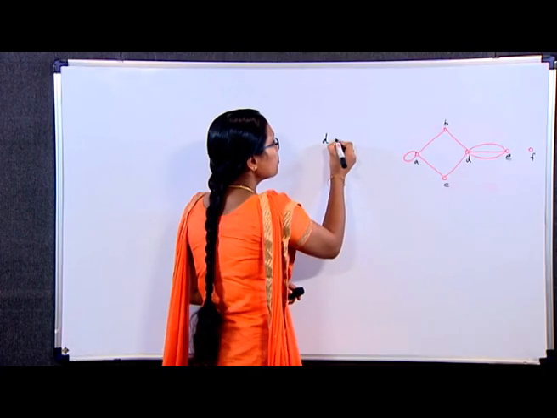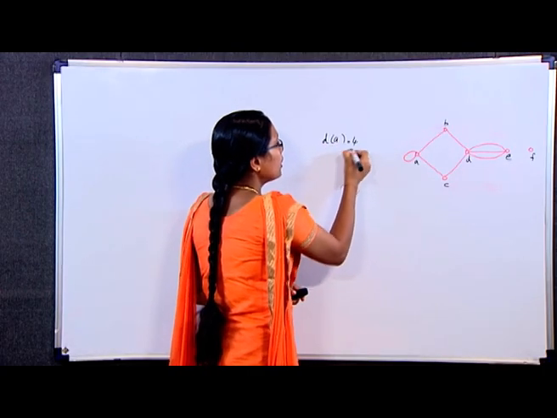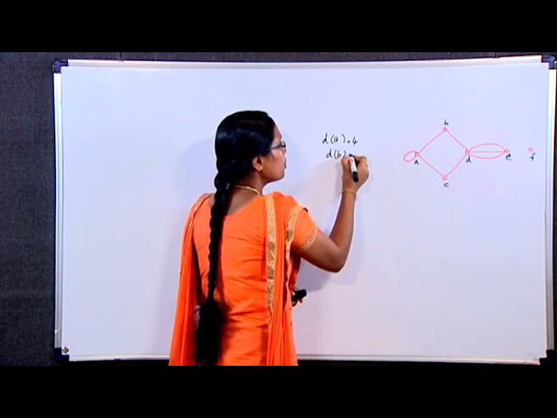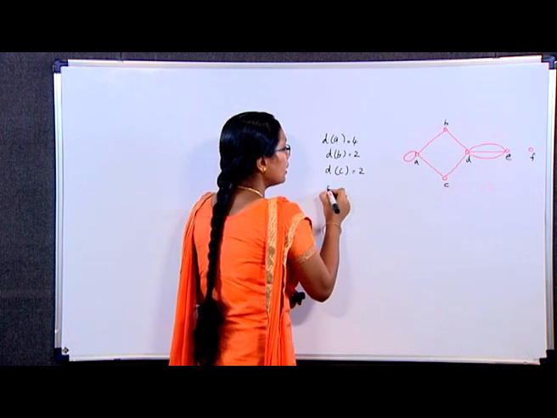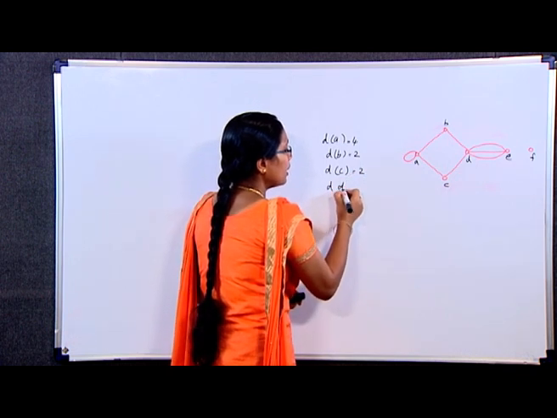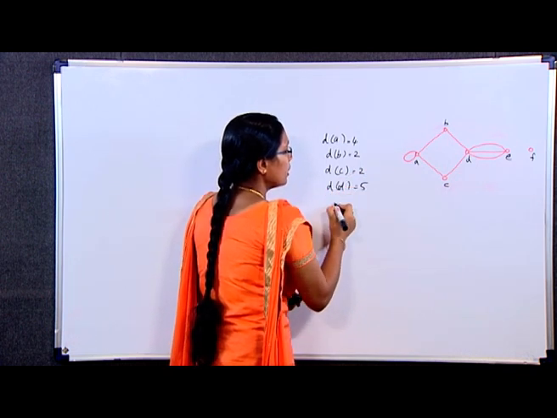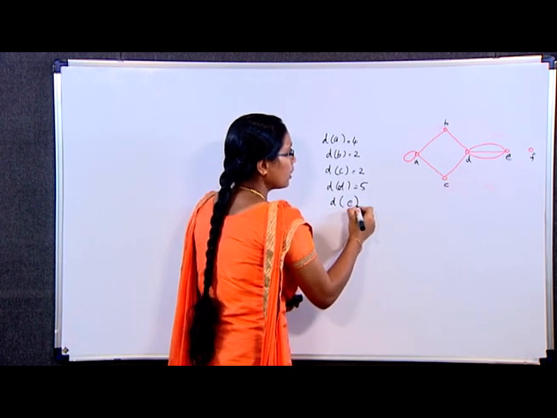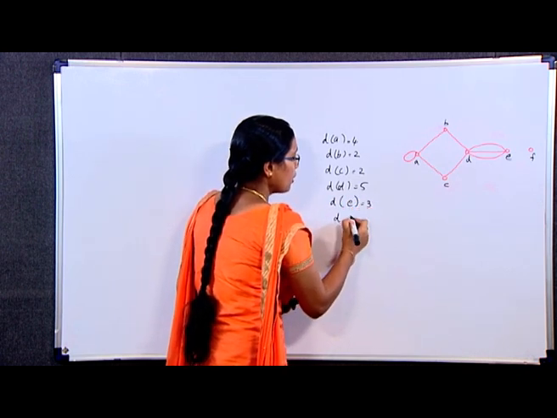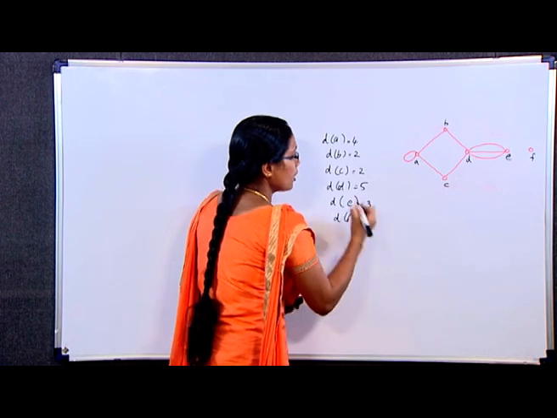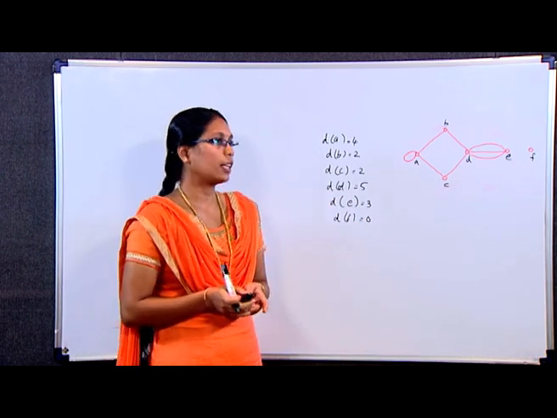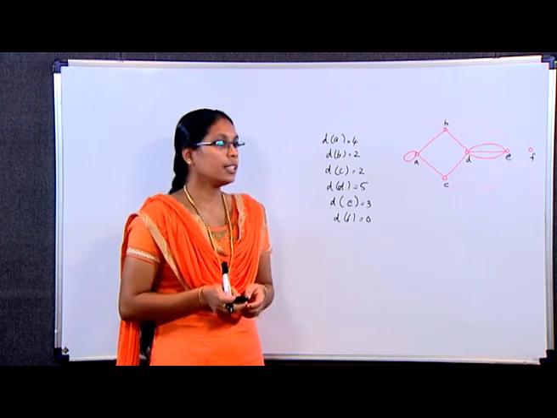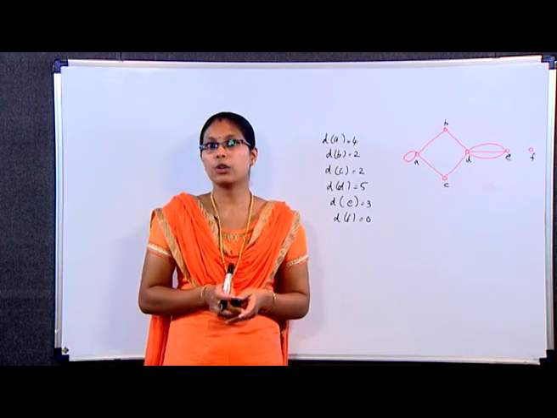Here degree of A equal to 4, degree of B equal to 2, degree of C equal to 2, degree of D equal to 5, degree of E equal to 3, degree of F equal to 0. Here A, B, C and F are even vertices and D and E are odd vertices.